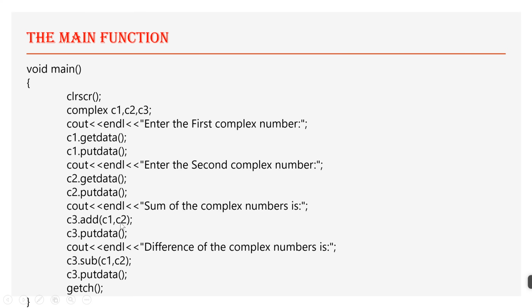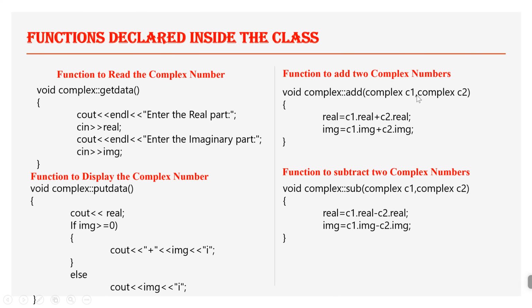It is a complex number. So that is what I am getting here. So in the function subprogram, void complex scope resolution operator add, I am taking two complex numbers from the main program. That is why I declare the arguments C1 and C2 of type complex, because from the main program I am supplying the complex numbers to the function subprogram.